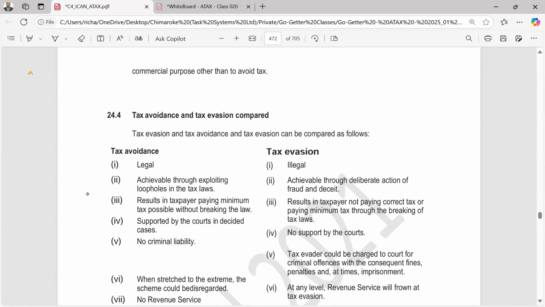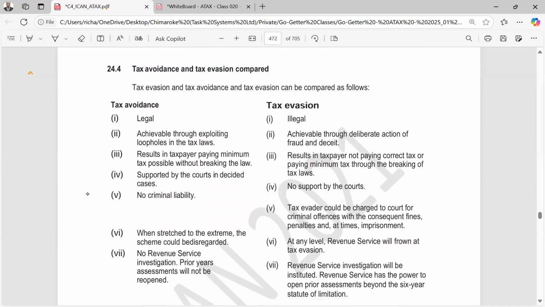Right. Now, tax avoidance and tax evasion compared. This is important. Tax avoidance is legal, evasion is illegal. Tax avoidance is achieved through exploiting the loopholes in the tax laws, whereas evasion is achieved through deceit and fraud. Tax avoidance results in reducing the tax, paying the minimum tax, whereas tax evasion results in paying incorrect tax through the breaking of law.